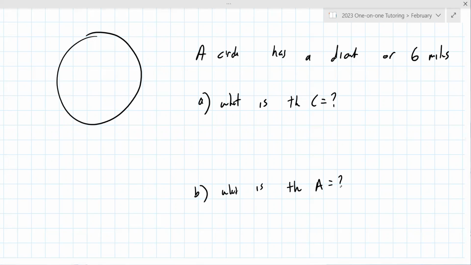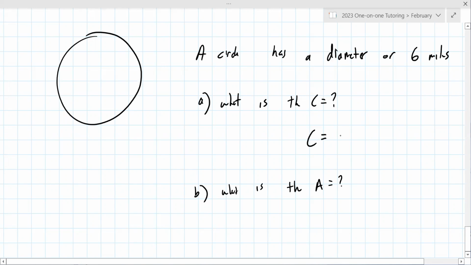So the exact would be circumference equals 6 pi. Anything else you want to say about that? Meters. I know this is in miles. Oh, miles, sorry. Miles. Okay. What about the area?